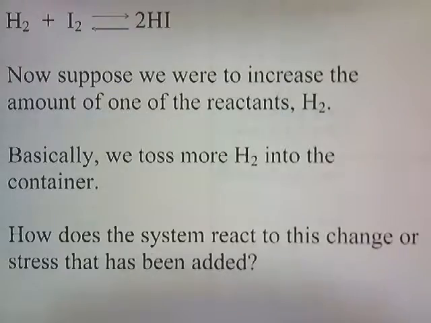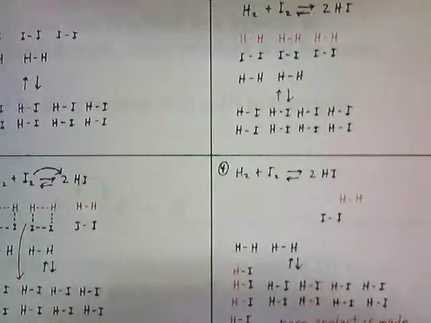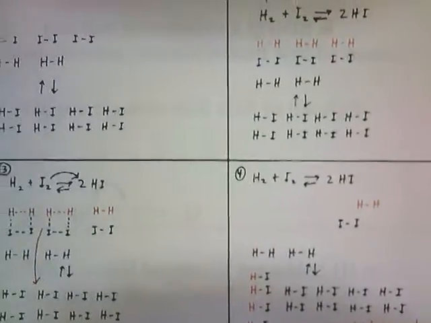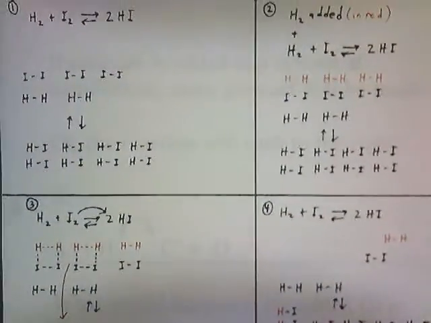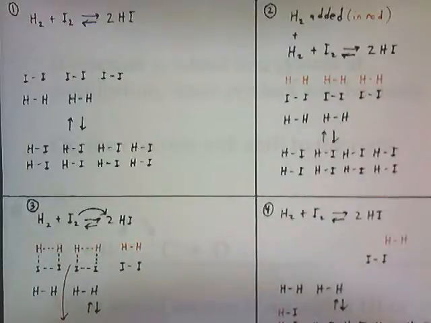Now suppose we were to increase the amount of one of the reactants, H2. Basically, we toss more H2 into the container. How does the system react to this change or stress that's been added? The following diagrams show what happens. Picture number 1 shows the system at equilibrium.